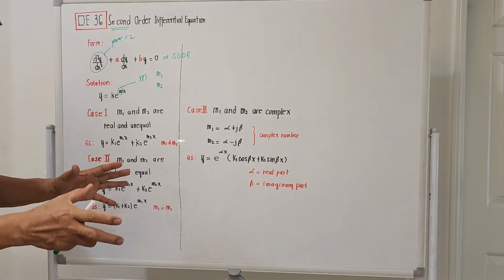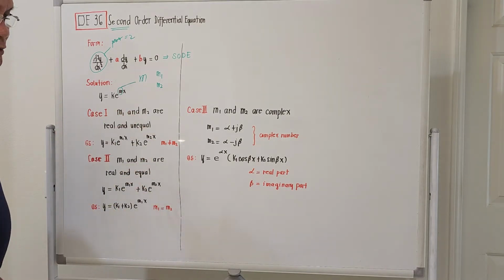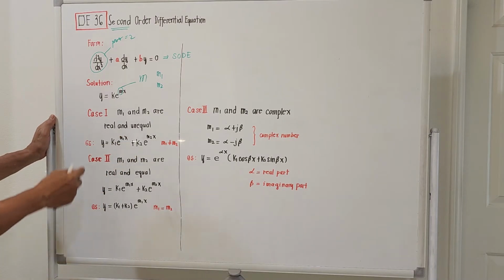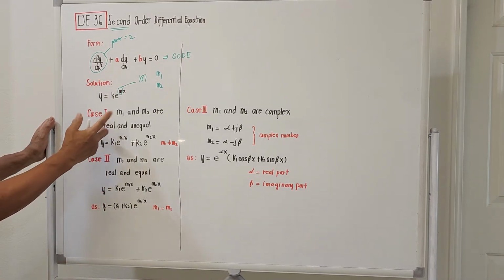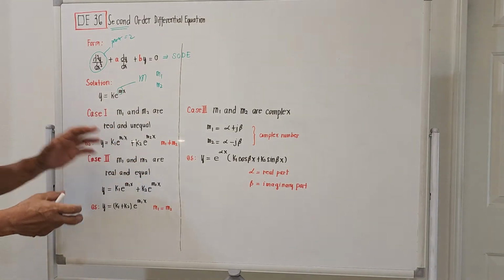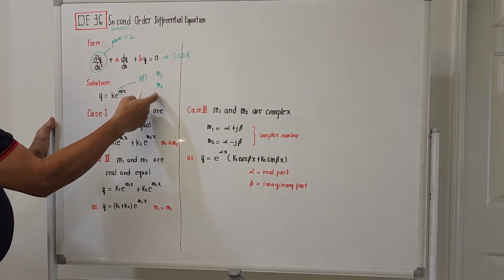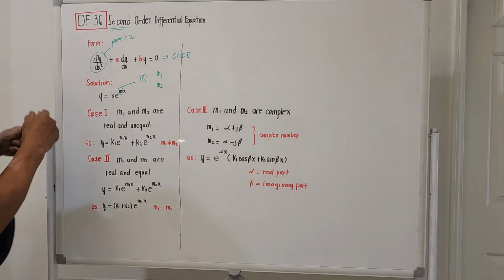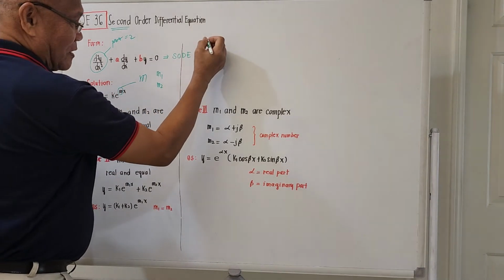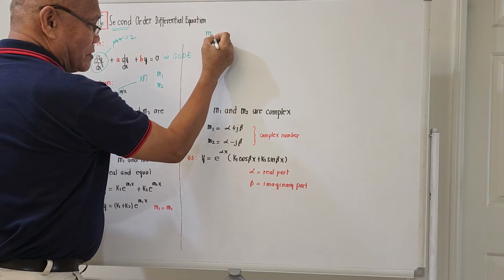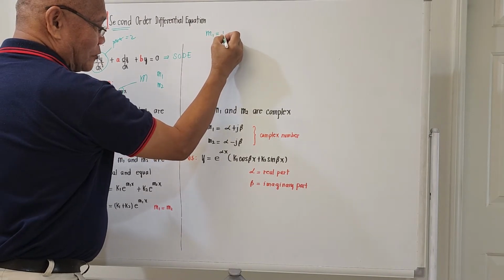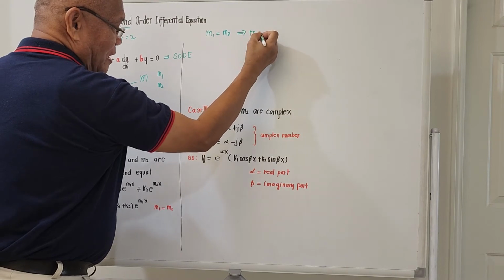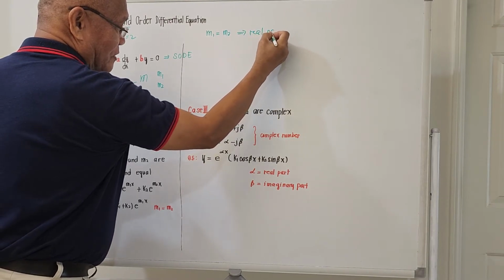Here, since there are two values of m, which are designated m1 and m2, we could classify three variations. Under the variation of m1 and m2, there could be three possibilities. Case number 1, m1 should be equal to m2, and they are both real numbers.